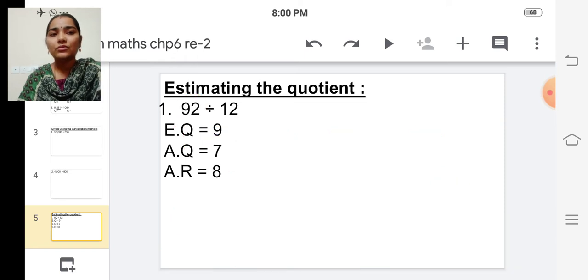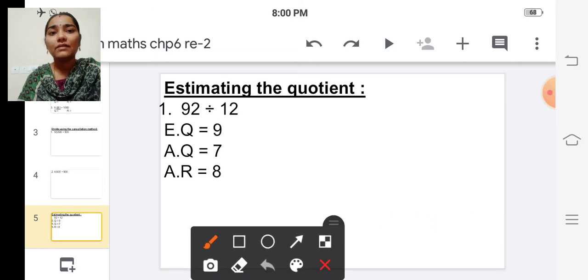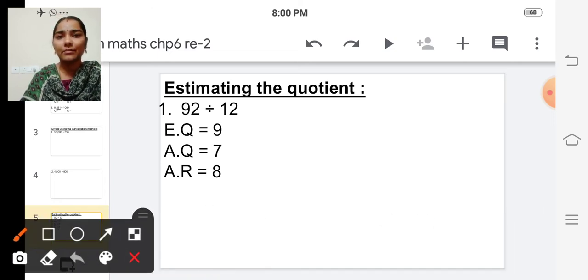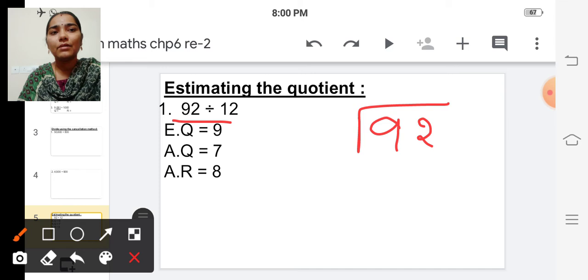So now we shall divide and find out the actual quotient and actual remainder. For that we have to divide the given numbers. So let's divide 92 by 12. Consider the first two digits because the divisor is a 2-digit number.